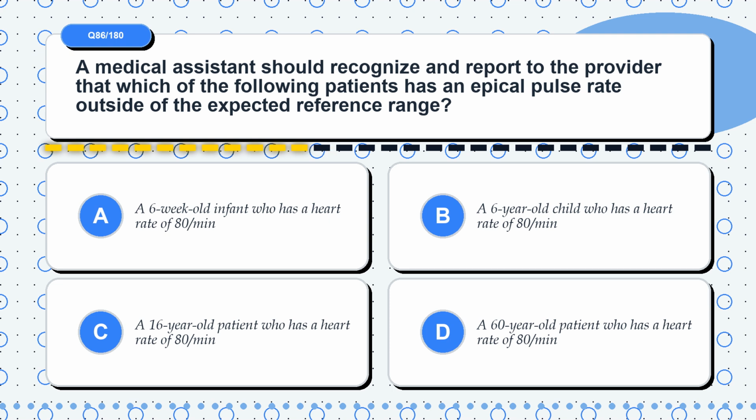Option B, a 6-year-old child who has a heart rate of 80/min. Option C, a 16-year-old patient who has a heart rate of 80/min. Option D, a 60-year-old patient who has a heart rate of 80/min.